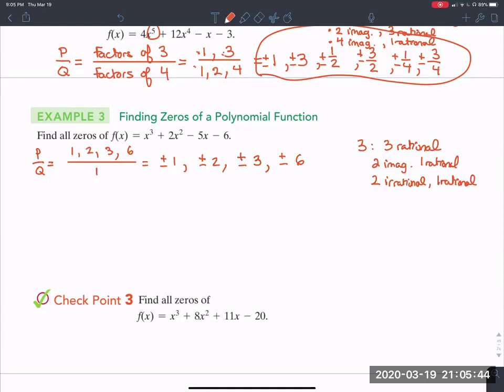Now, how do I determine which one of these is a solution for my polynomial? Well, synthetic division. And basically what you have to do is trial and error, and there's no pretty way of doing it. So let's start off with 1 and do synthetic division with 1. Remember, we write the coefficients of the polynomial, making sure that it's in descending order of power and all powers are represented.